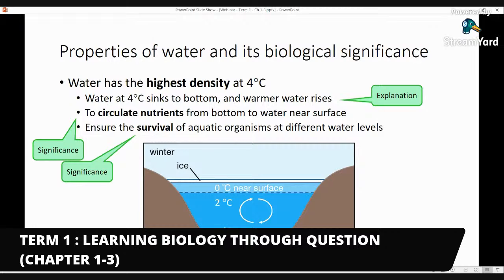The water that is less dense than the 4 degrees Celsius water will rise up. So this will form a circulation. This circulation is important to enable the nutrients to move from the bottom to the water near the surface. This also ensures the survival of aquatic organisms at different water levels so that they can get sufficient nutrients.